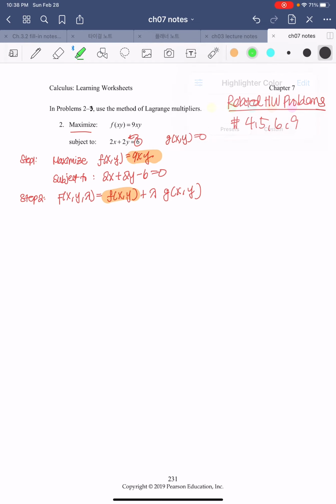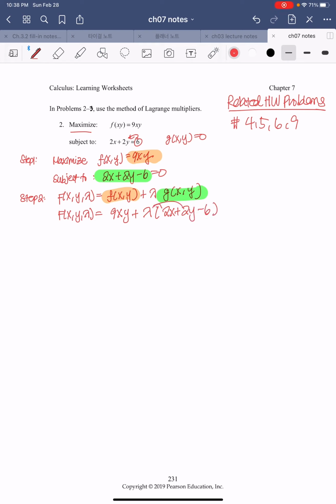My second term will be this function here. So let's plug it in. F of x y lambda equals 9xy plus lambda times 2x plus 2y minus 6. Distributing lambda to get rid of the parentheses, I'm going to have 9xy plus 2x lambda plus 2y lambda minus 6 lambda.